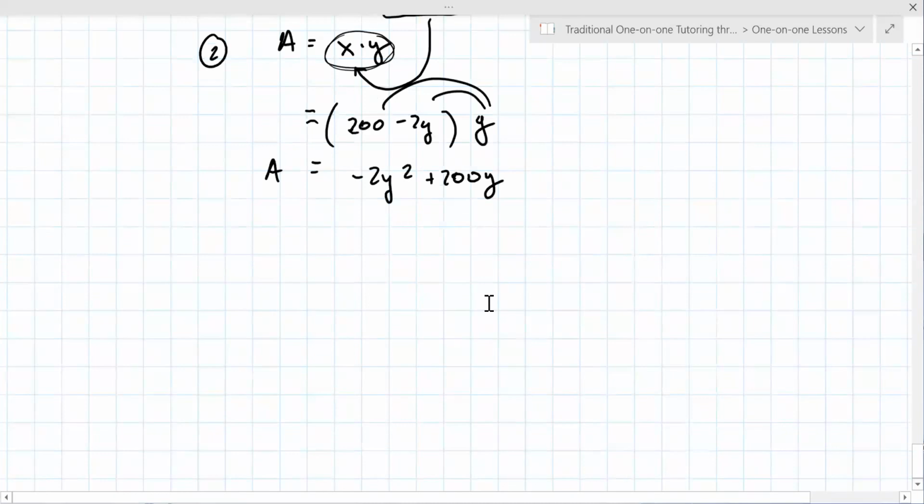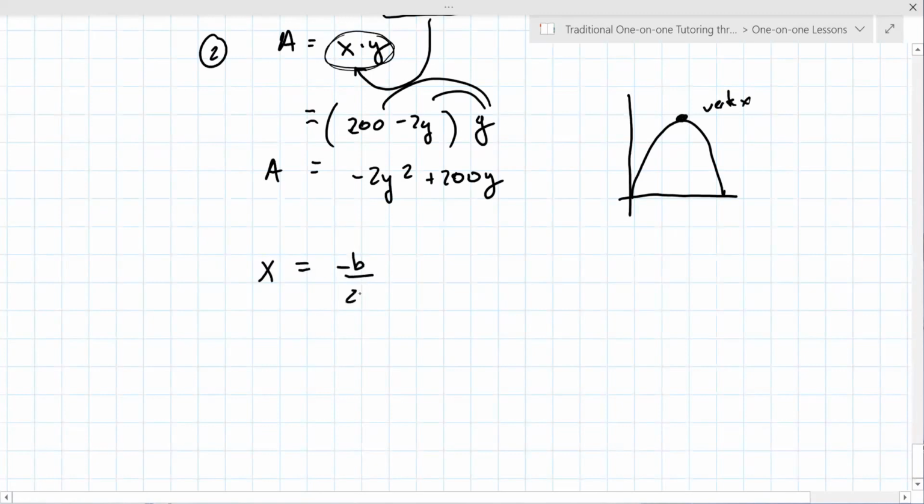All right, now this is a graph of a parabola and it goes up like this. So we need to find the vertex. I remember we talked about using formulas. So x equals minus b over 2a. I know this is a y, but you can essentially treat this like x for the time being.